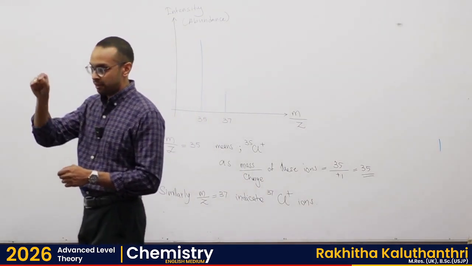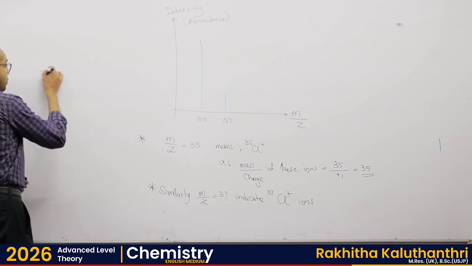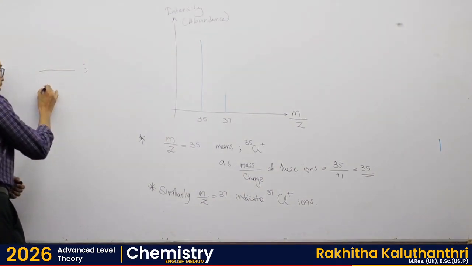So this is what I'm asking you: mass spectrometer semicolon and then 1.